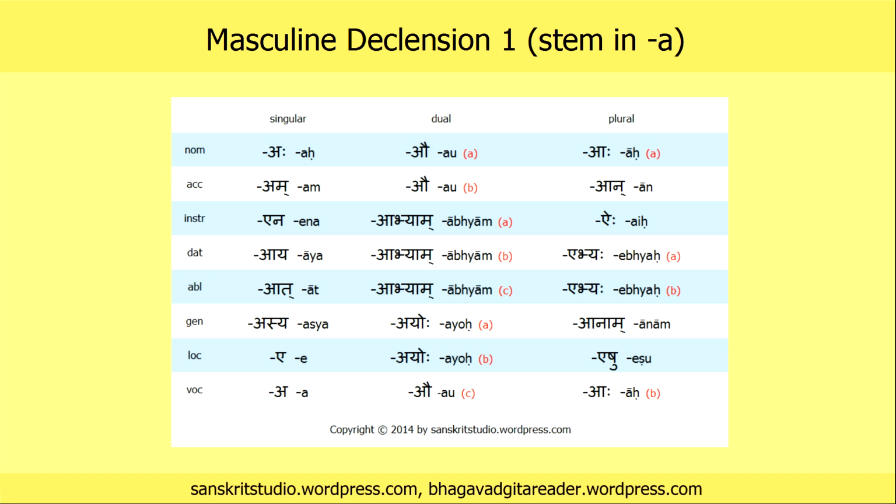So we may think of the endings table as a sort of template which we can use to create our ready-to-go noun forms.